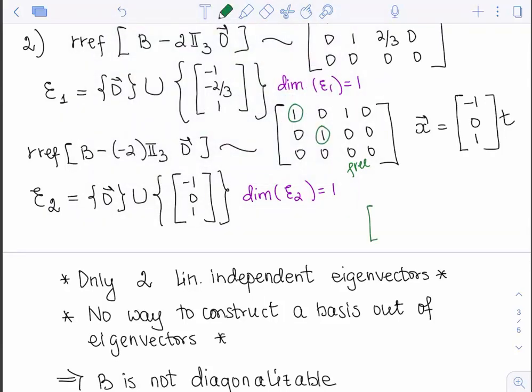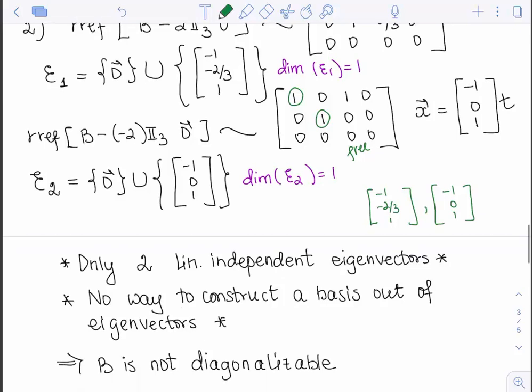The linearly independent eigenvectors are negative 1, negative 2/3, 1, and the other one is negative 1, 0, 1. That means we cannot have a basis for R3 that's built just out of the eigenvectors, okay? There's not enough of them.